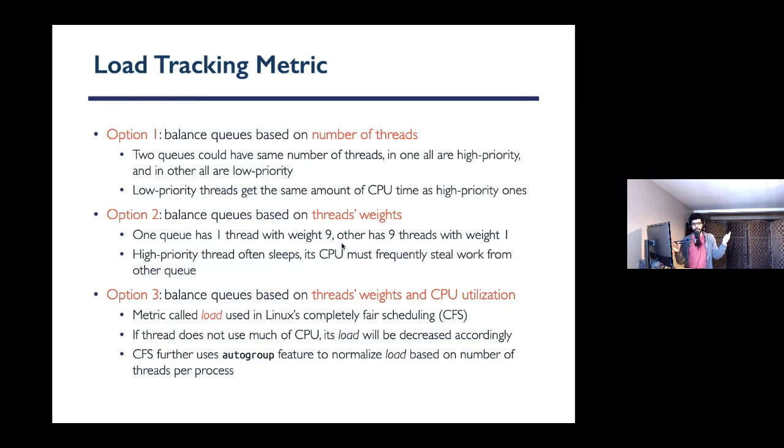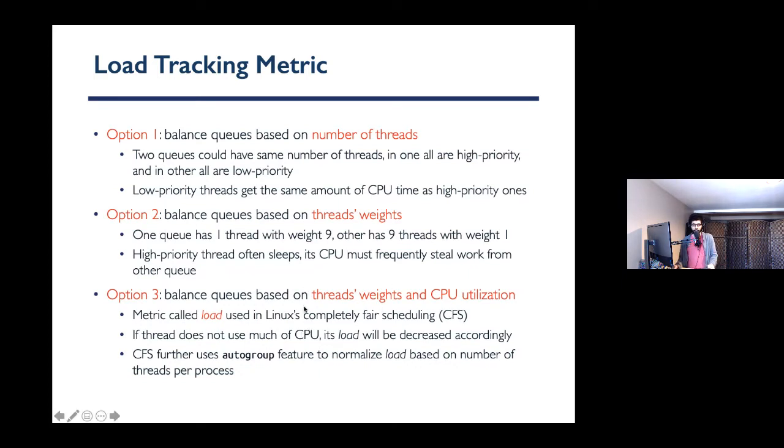We should be looking at it as a load of 4.5, because half of the time it's not using the CPU, so it shouldn't have a weight for the time that it's not using the CPU. By doing that, you have a metric that makes sense, and now you can think about how to balance the load. So this is the option, as I said, that is being used in Linux.